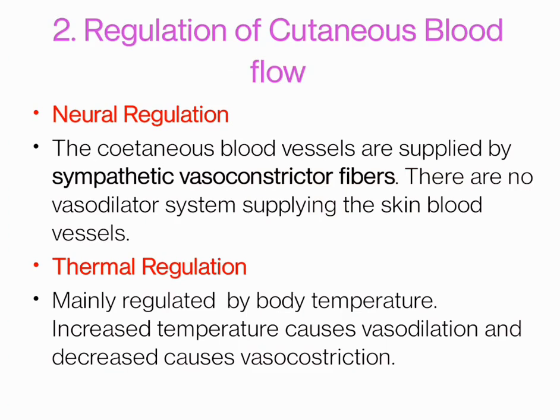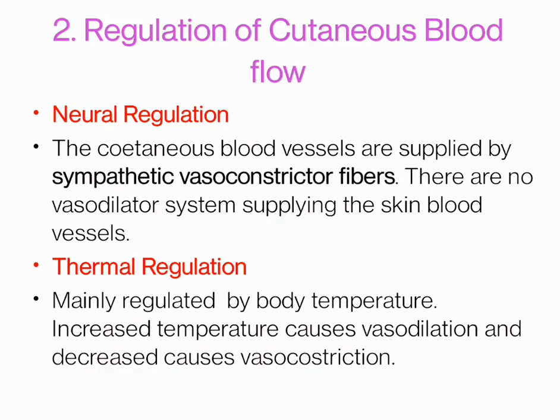Now the second major component is regulation. It is regulated by three components: neural, thermal, metabolic. Neural, already explained, is by the sympathetic vasoconstrictor fibers. No vasodilator system is present supplying the skin blood vessels. Thermal is mainly regulated by the body temperature.